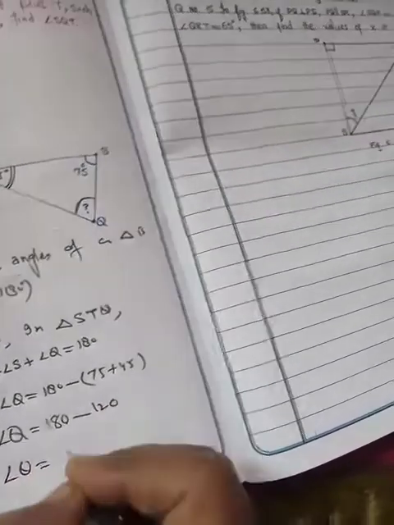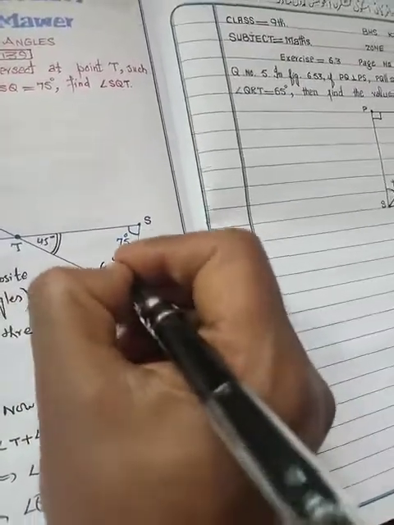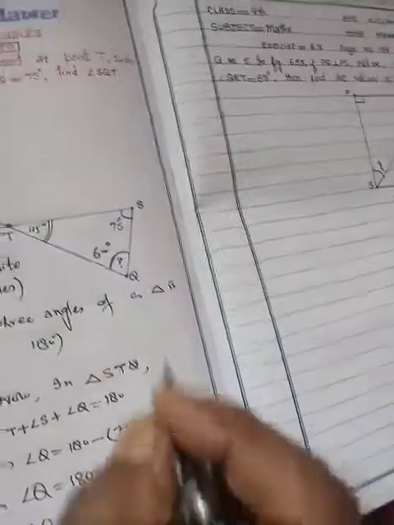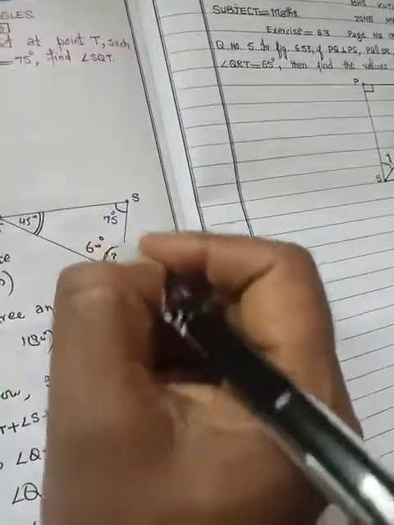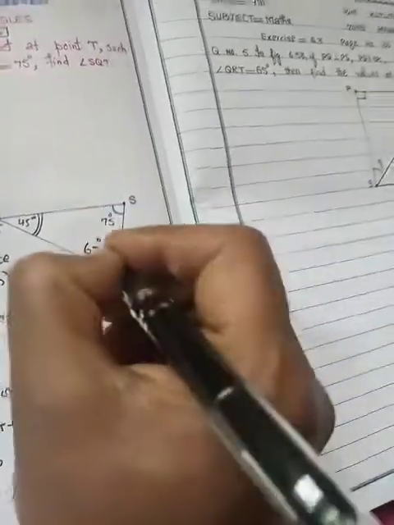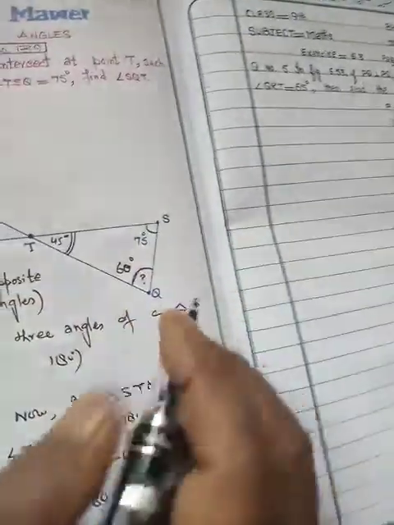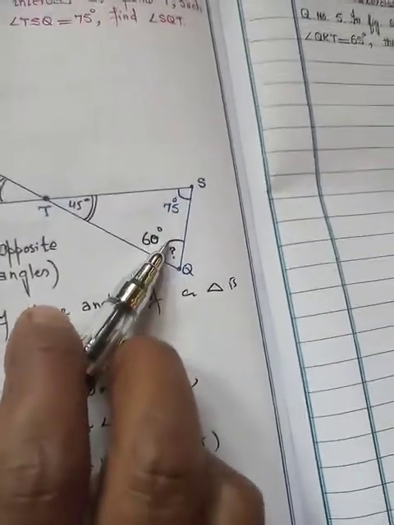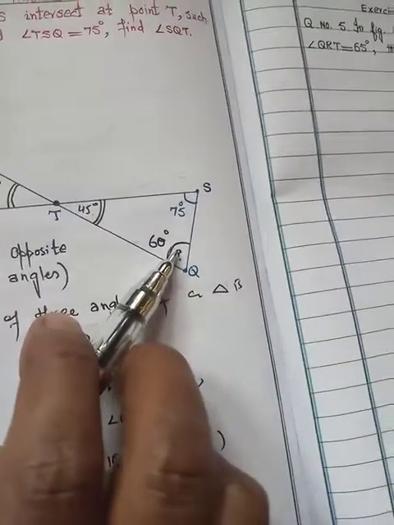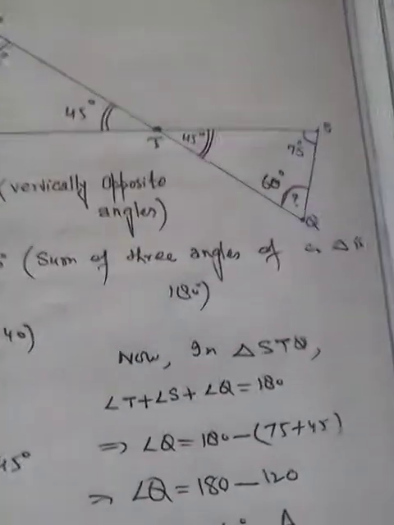Angle Q is equal to 60 degrees. This is the degree measure of this angle TQS or SQT, it is the same thing. This angle Q is equal to 60 degrees. This is the answer of this question number 4. Thank you very much. Assalamu alaikum warahmatullahi wabarakatuh.